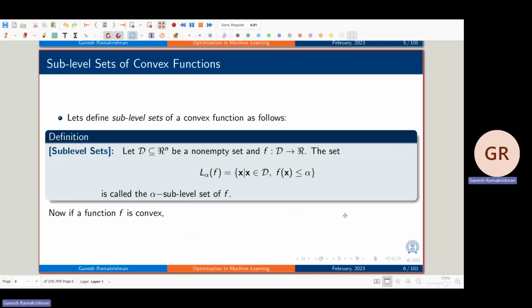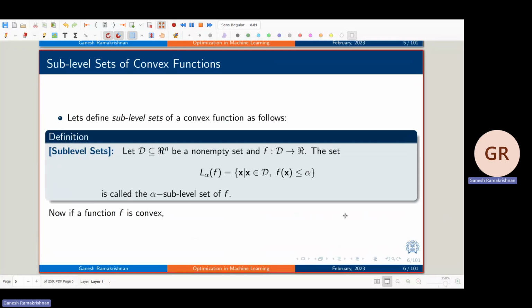We'll visualize this through a convex function. The sublevel set at an alpha value is the set of all x such that f(x) is less than or equal to alpha.